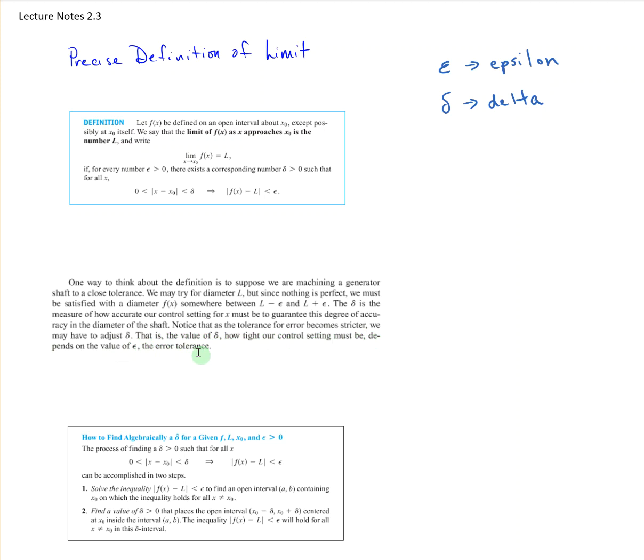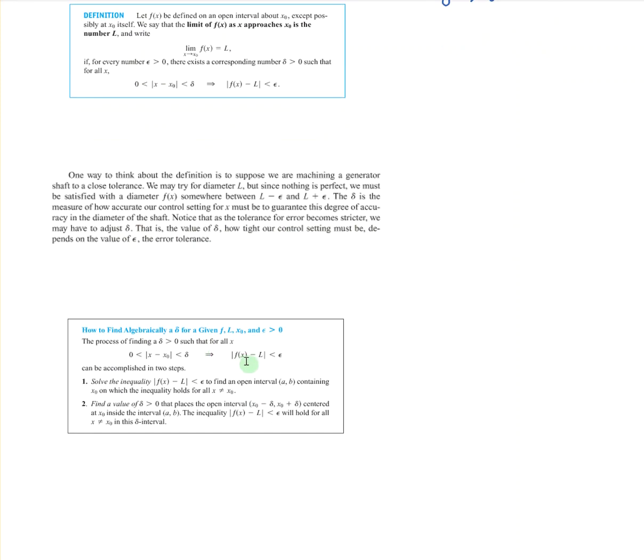All we're going to do in this section for now, we're not doing proofs of this, we are algebraically finding a delta if you're given an f and a limit, an x sub 0, and an epsilon. And so there's two steps. And I think you'll see it when we start working the problems.